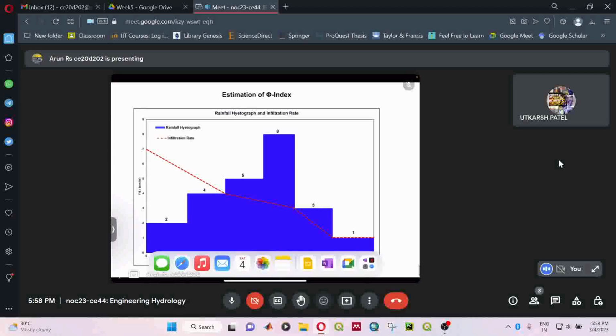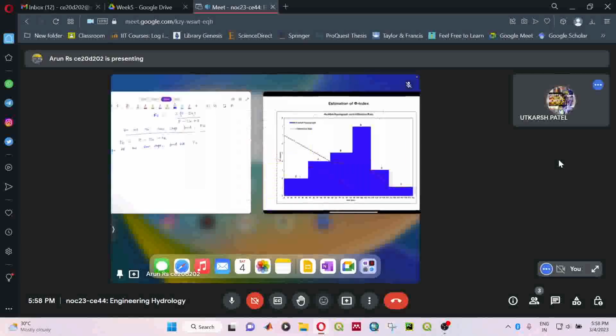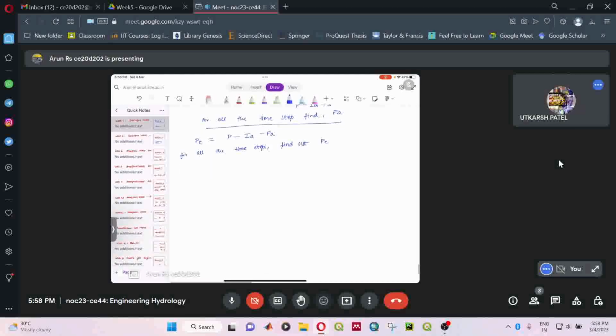So first we will do that. So you are given a curve, I'm just drawing it not to scale, just to represent.